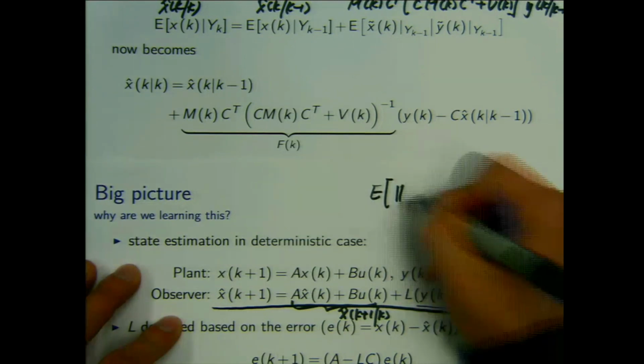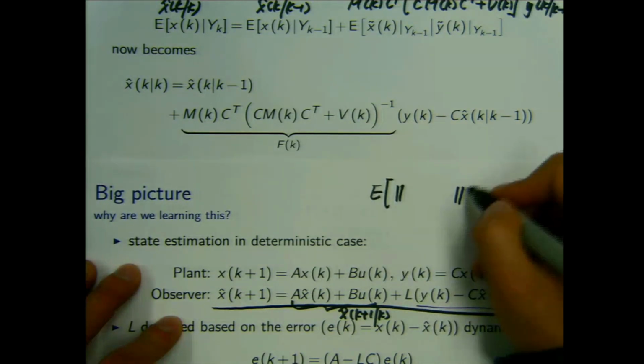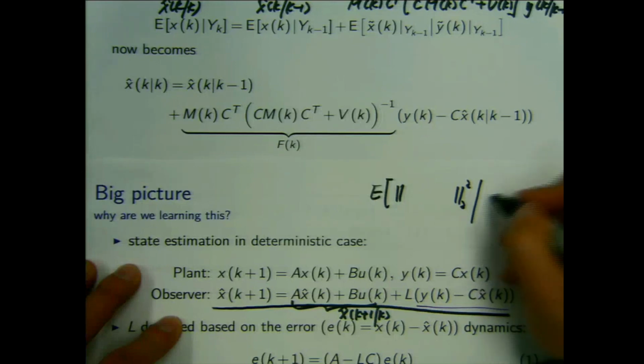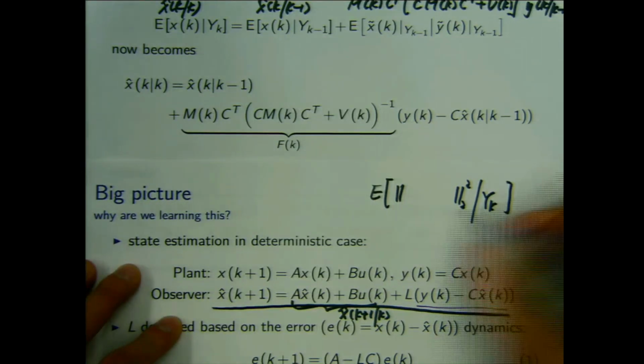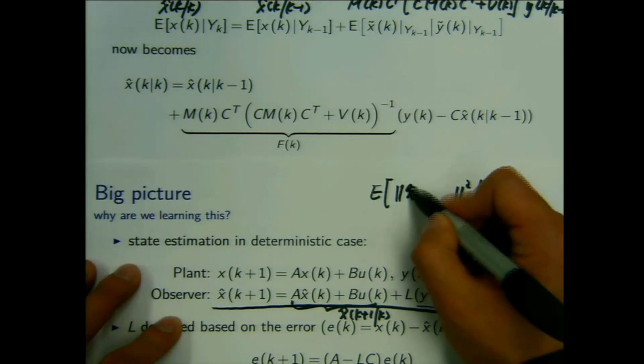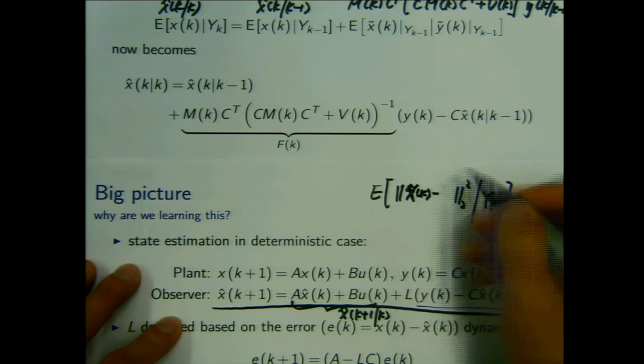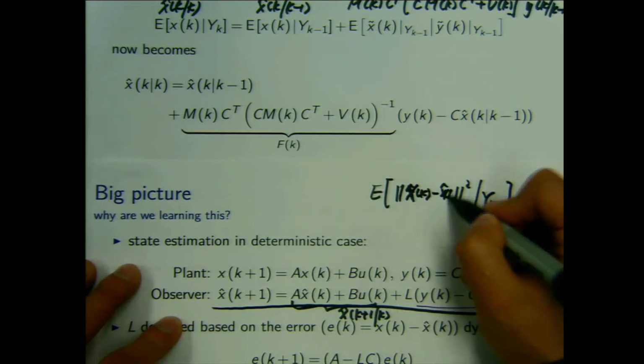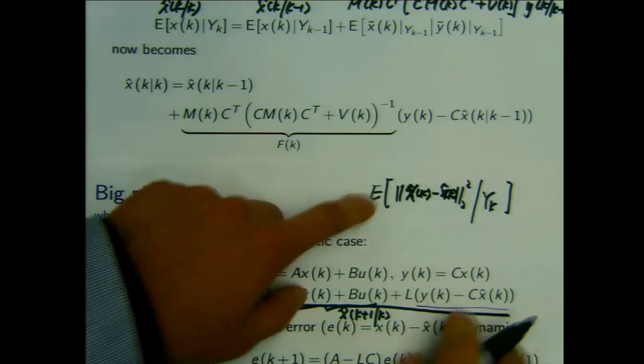What is actually happening is, for the filtering case, the variance of this is minimized. We're minimizing this.